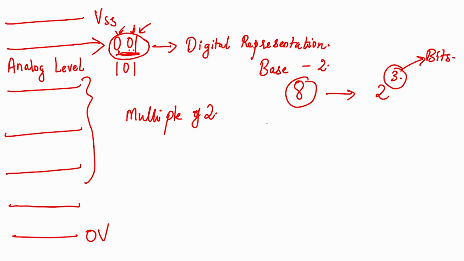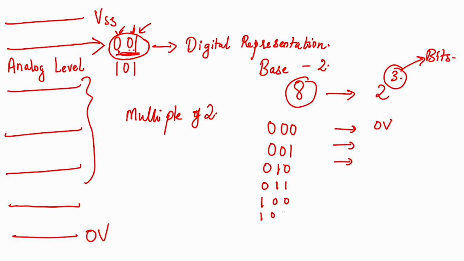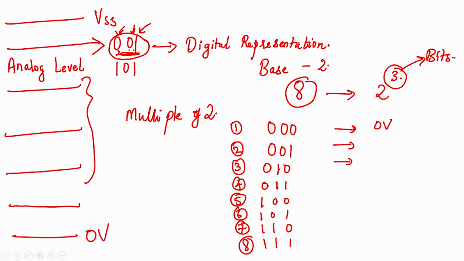You will start off with 0 0 0, which corresponds to 0 volt. Then 0 0 1, then 0 1 0, then 0 1 1, like that 1 0 0, 1 0 1, 1 1 0 and 1 1 1. So you have 1 2 3 4 5 6 7 8. You have 8 levels.